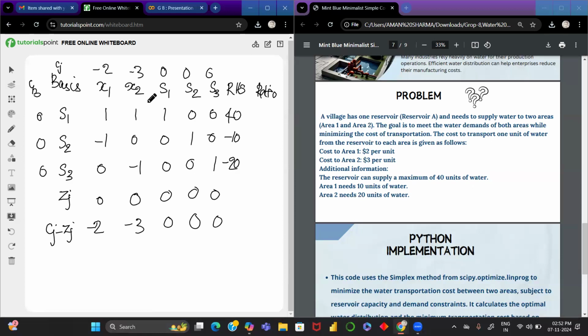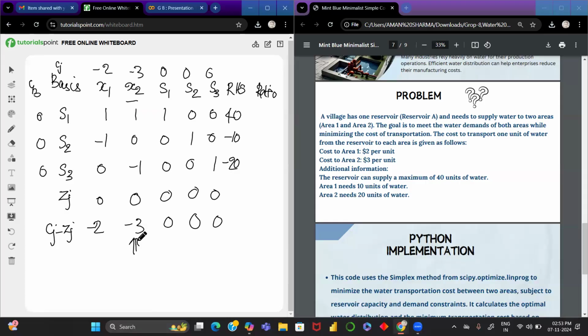We'll take the most negative value from the Cj minus Zj. This is the entering variable, which is x2 for the next table.